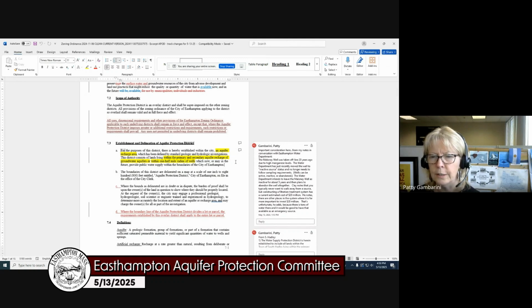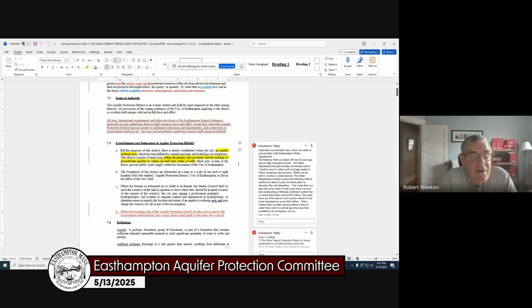I don't know that that's the right way to say that. It's based on the zone 1 and the zone 2 as delineated by Mass DEP, but I don't know that there's a 1/2 mile radius of wells.